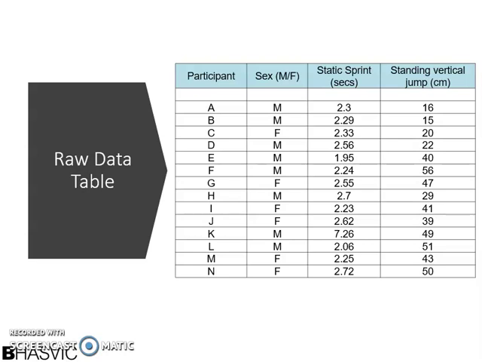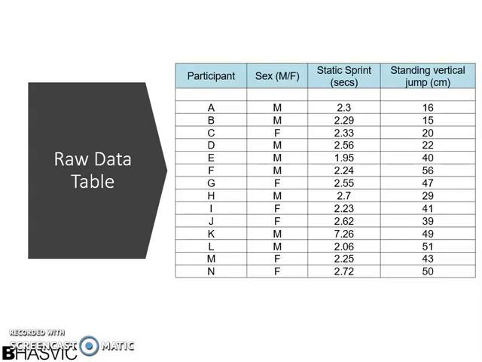The raw data table is simply the table that you would have used to note down all the different scores for your participants. So as you can see here, I've got the raw data table for all 14 of the gymnasts. It has their sex, whether they're male or female.